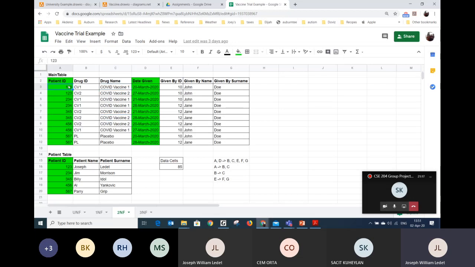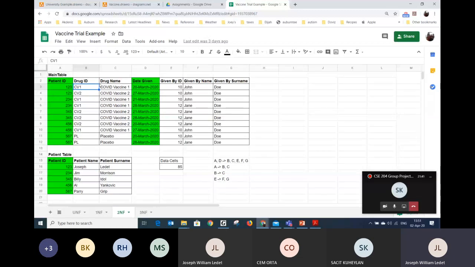Let's see, 123, well, what's the drug name? Well, it depends. Which one am I talking about? Which date am I talking about? Okay, 20th of March, which drug are we giving? Well, there's a couple of different options. So clearly this column is fully functionally dependent on the primary key, but really it's fully functionally dependent on the drug ID column.